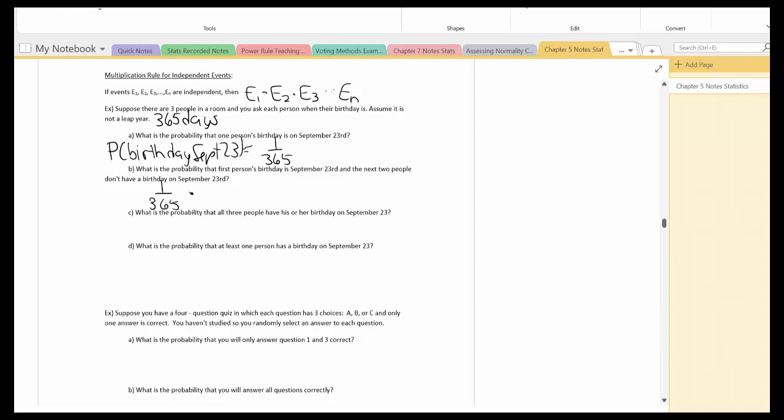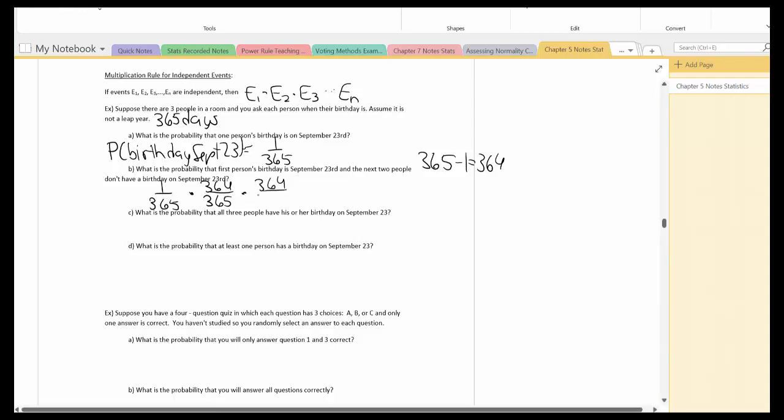That would be 365 minus 1, so there are 364 other days of the year that are not September 23rd. So times 364 out of 365. The third person's birthday has nothing to do with the second, just like the second person's birthday has nothing to do with the first person's birthday. So this is also 364 out of 365. Multiply, and I get this.